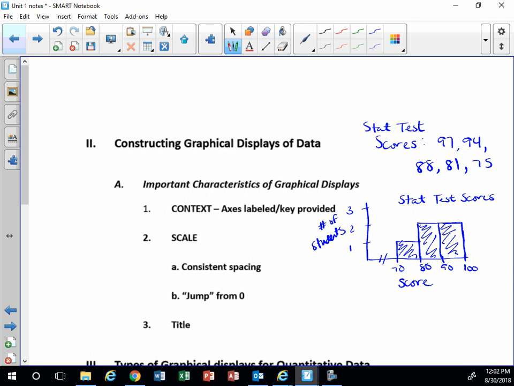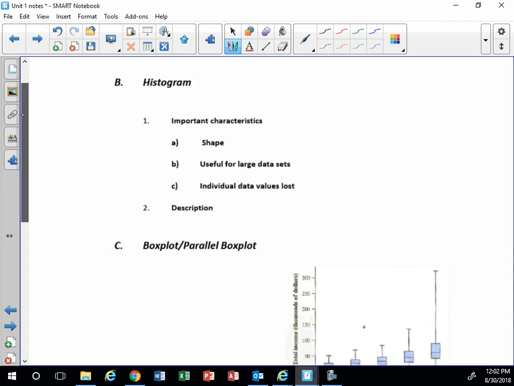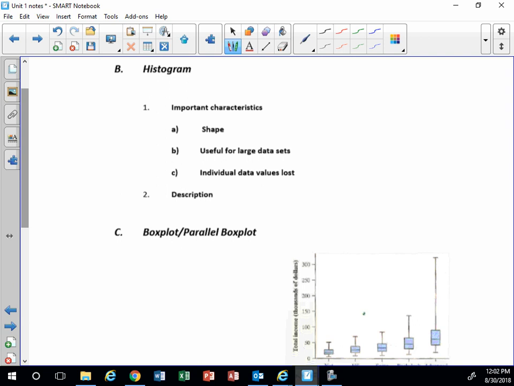Becca, you want to look up here for a sec? That's a histogram. It's like counting within subgroups. People. Yep. Just a note, it's not the same as a bar graph, okay?